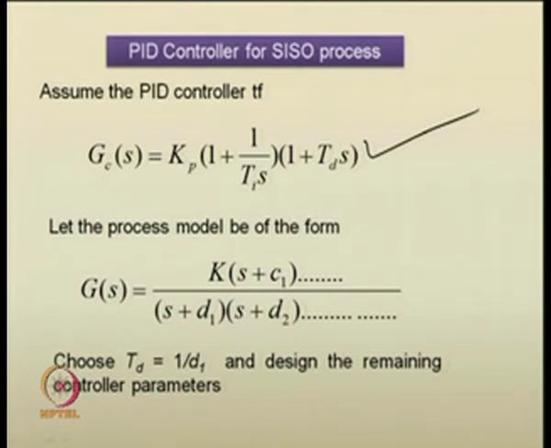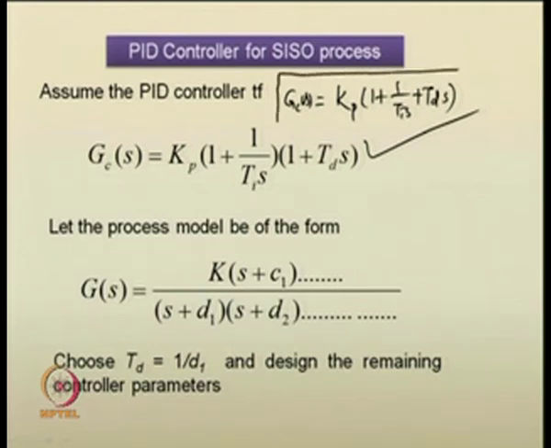What is a parallel form of PID controller? We write a controller given by the transfer function Gc(s) as Kp times (1 plus 1 upon Ti s plus Td s) as the transfer function for a parallel form of PID controller. With a parallel form of PID controller, the controller itself is introducing two zeros.